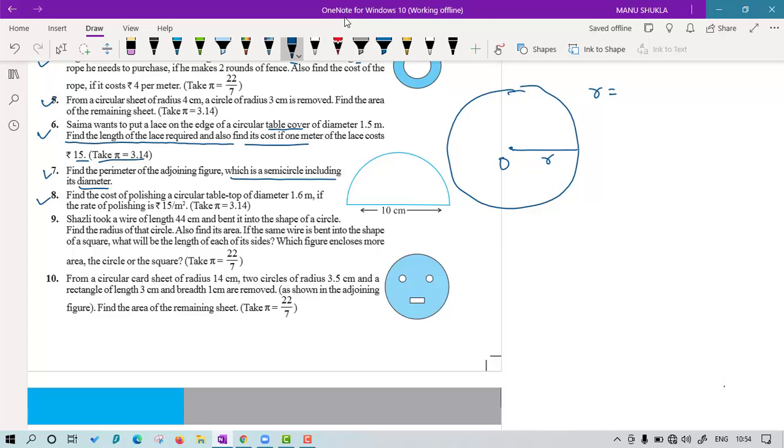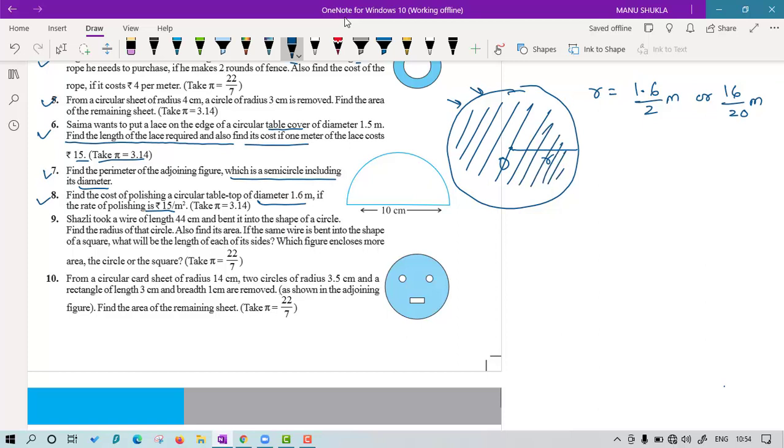Diameter is 1.6 meter, so the radius is 1.6 upon 2 meters or 16 upon 20 meters, whatever you like. Now they are saying the rate of polishing is rupees 15 per meter square, find the cost of polishing the table. Obviously, if you are polishing, you will not polish the edges, you will polish the complete top surface. So we are talking about area.